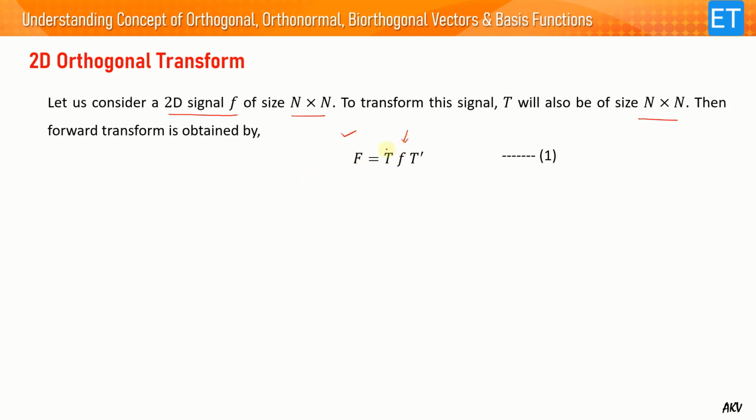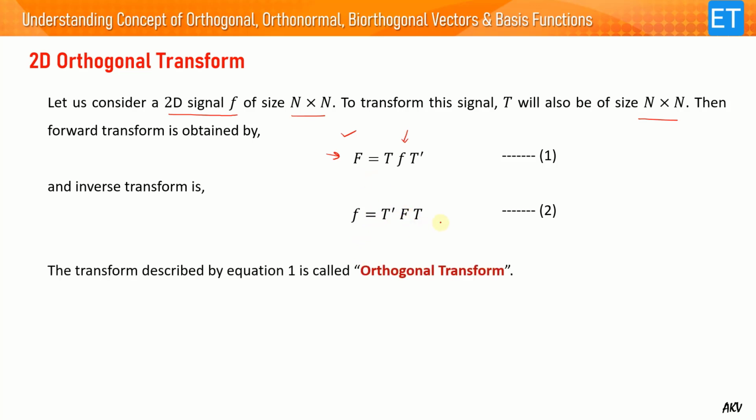Let's say it's an image segment, then the spatial domain signal is transformed into the frequency domain with this operation. So this is T, your transformation matrix, multiplied with your signal, and then T transpose. Okay, and the inverse transform. To recover your signal F, this operation is required. That is T transpose F and T. Okay, so this is the orthogonal transform in two dimensions.